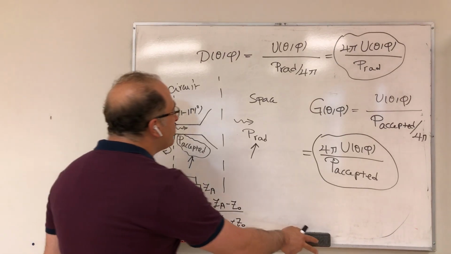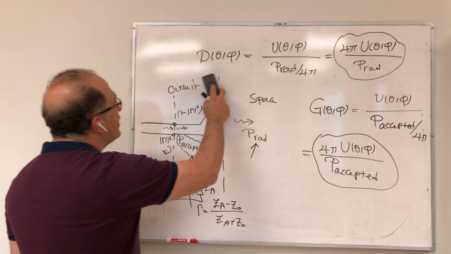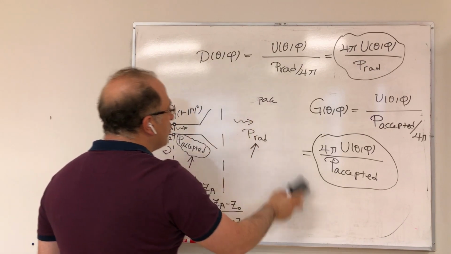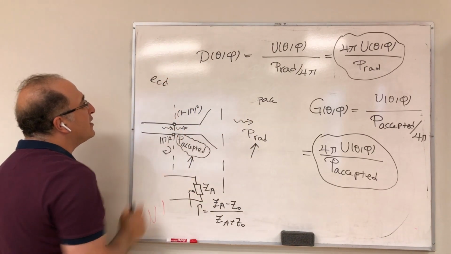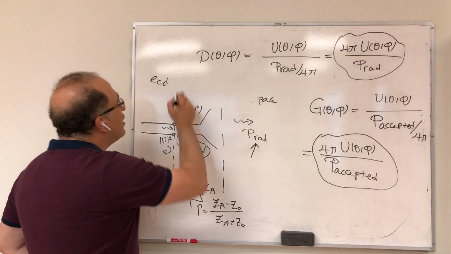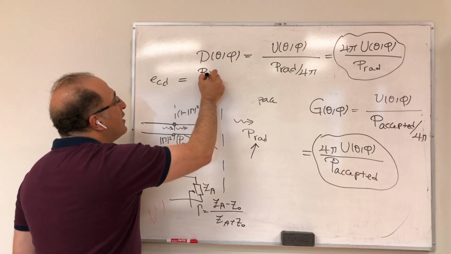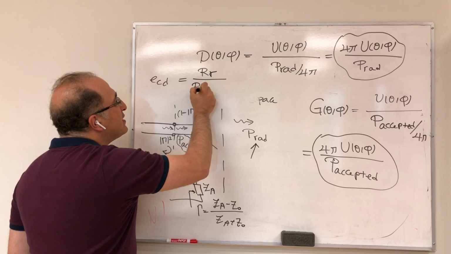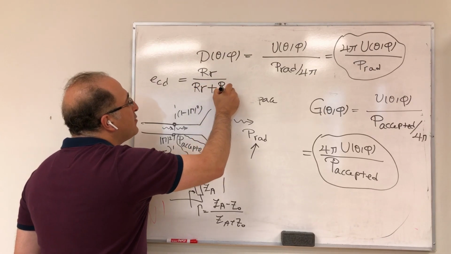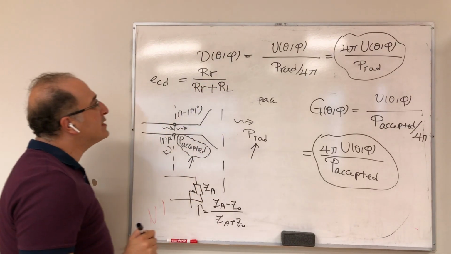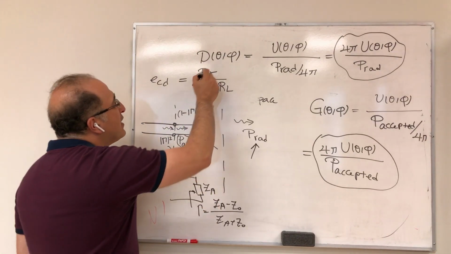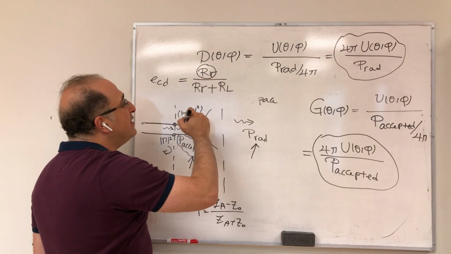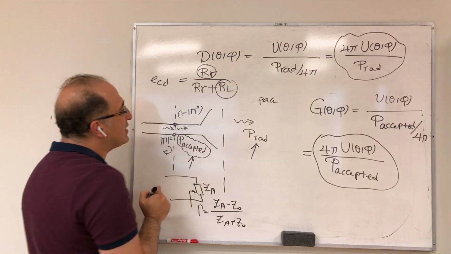I want to remind you about something that we defined earlier in the course, which was radiation efficiency of the antenna, e_cd, which was essentially the ratio between radiation resistance divided by total resistance of the antenna, radiation resistance plus R_L. Remember, this was radiation, this was lost within the structure.